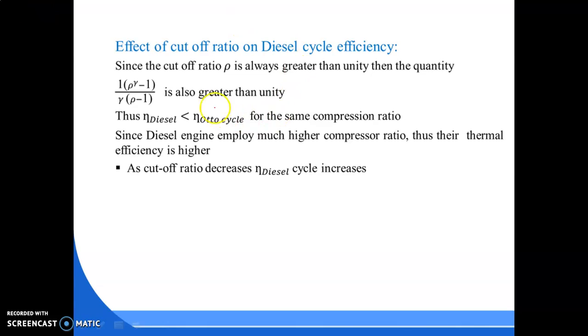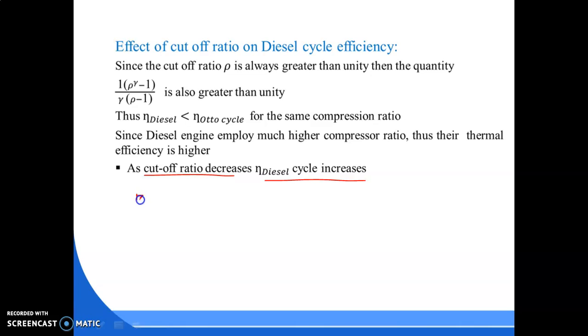Since diesel engines employ much higher compression ratios, their thermal efficiency is higher, because the higher the compression ratio, the more the efficiency. The cutoff ratio decreases the efficiency of the diesel cycle. As the cutoff ratio decreases, the efficiency of the diesel cycle will increase.